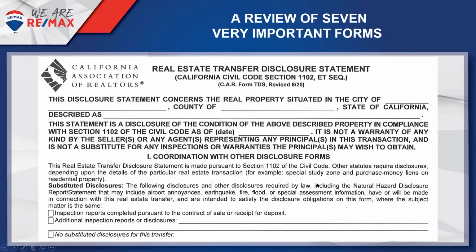So believe it or not, one of the things that I frequently see missing from a TDS is the date that the seller is saying this is the condition of the property as of this date. If this date is not filled in, you have not delivered a TDS. You provide a buyer a TDS and this is blank, the buyer is never given the TDS. Now, why is that critical? Well, it's critical because the buyer removes all their contingencies and then they change their mind and they want to get out of the transaction and they want their deposit back.